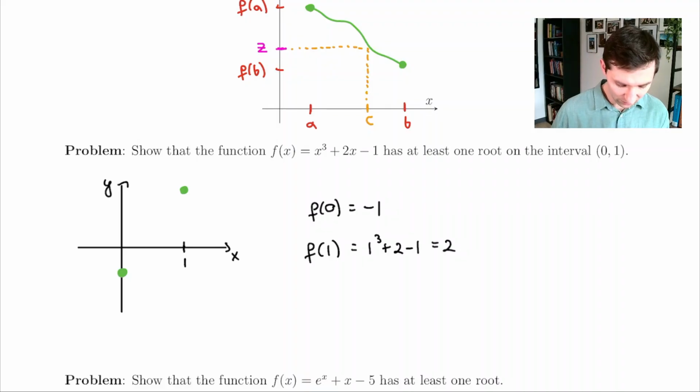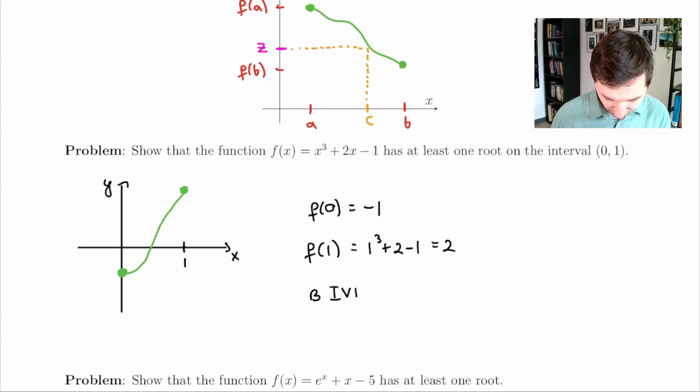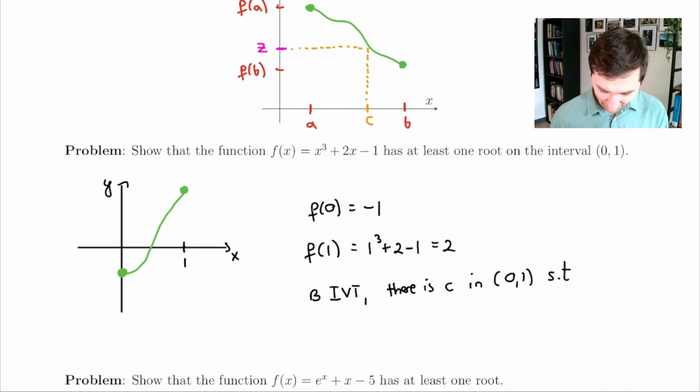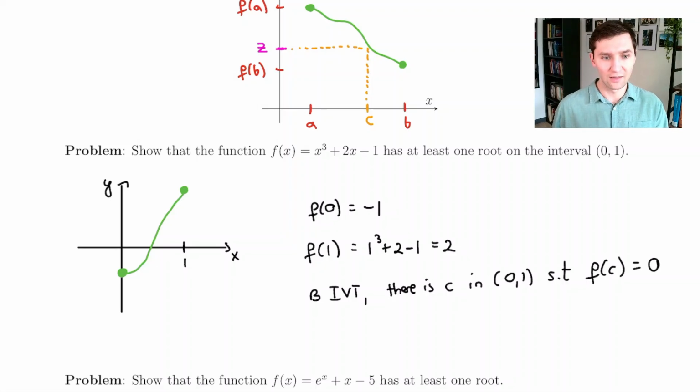Because the function is continuous, the intermediate value theorem says that somewhere between 0 and 1, the function will cross the x-axis. So by IVT, the intermediate value theorem, there is c in the interval from 0 to 1 such that the value of the function at that c equals 0. In other words, the function crosses the x-axis. We don't know exactly where that c is, we only know it's somewhere between 0 and 1.